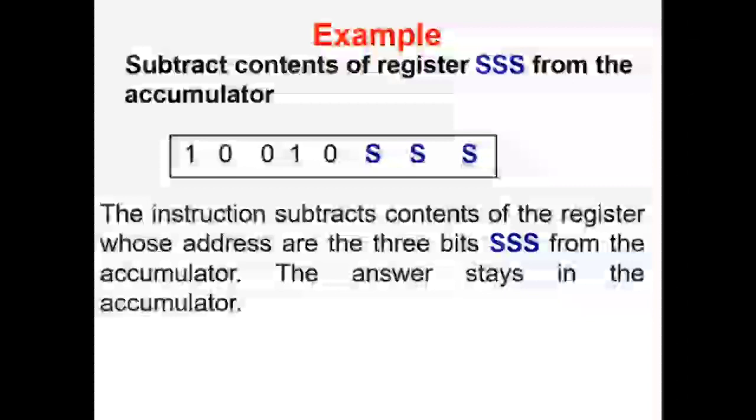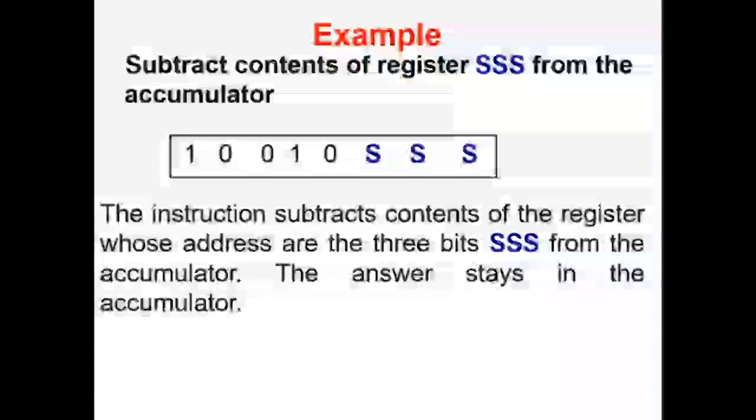So when I say, for example, subtract D, I mean A subtract D. When I say subtract C, I mean A subtract C. So you just mention the source register.